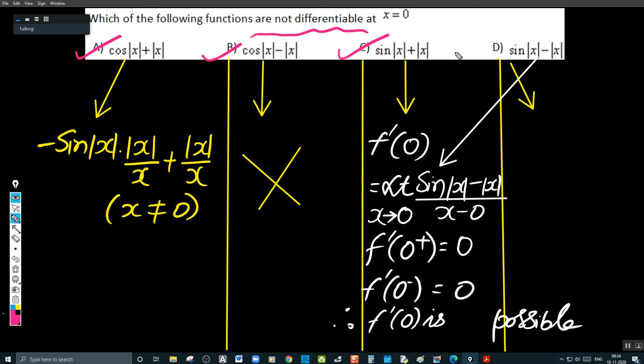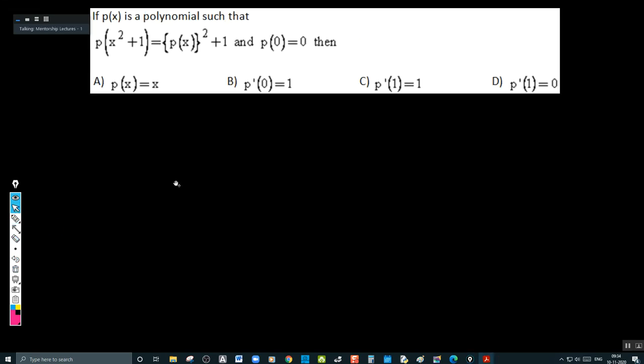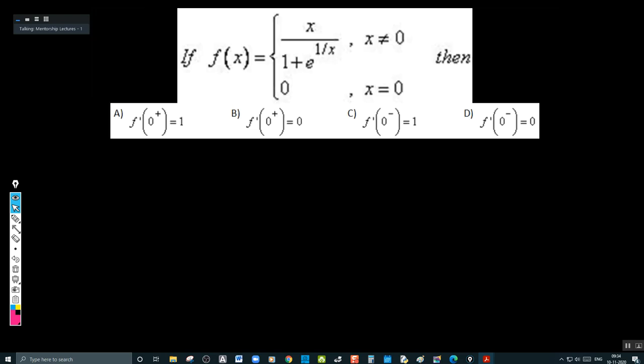Okay. So I'll be finishing up this differentiability mostly in the next couple of hours. Let me show you that. One moment. This is f(x) a polynomial. It's also a derivative question.